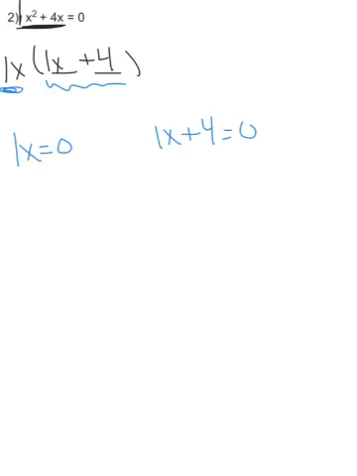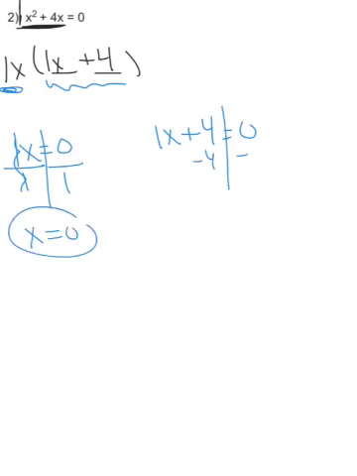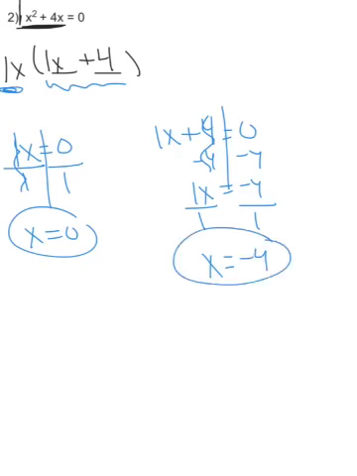And then we're going to solve both of them. So on the first one, we'll divide both sides by 1, and x equals 0. There's our first answer. On the second one, we'll subtract 4. So 1x equals negative 4. Divide by 1, x equals negative 4. So your two solutions are x equals 0 and x equals negative 4.